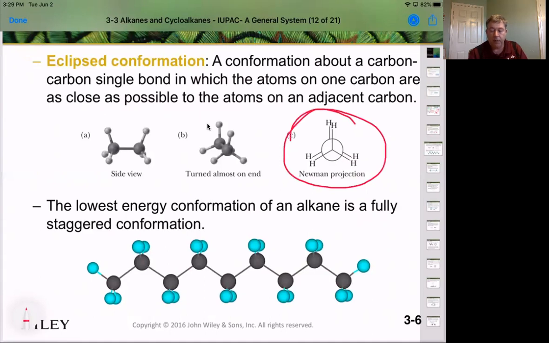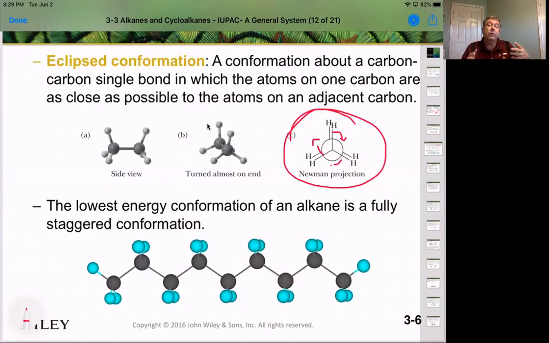So all we've done is taken these hydrogens and rotated them 60 degrees from that staggered configuration, and we end up with what we call the eclipsed configuration. Now that those hydrogens are eclipsed, they're starting to interact with each other, and that's a slightly higher energy than that, which is why we typically see them in that other position where they're staggered, okay?